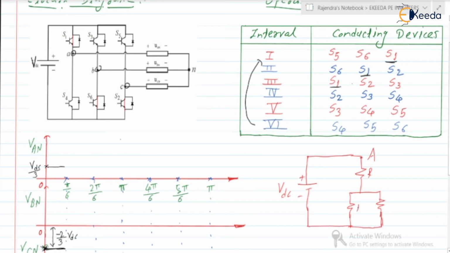So balanced load, this is the neutral point. Next phase B here, for example, phase C here.